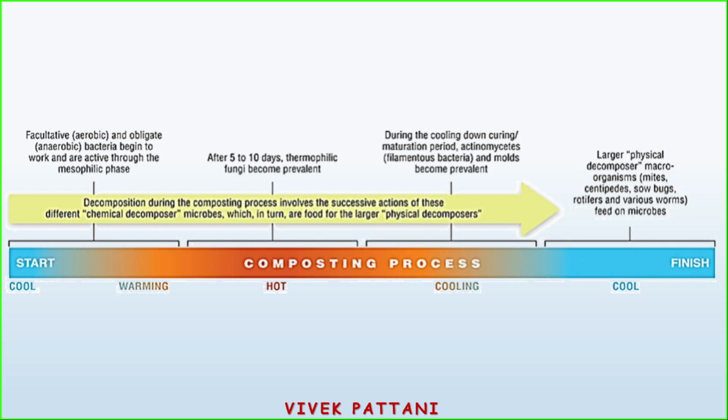But after a few days, this optimal temperature gradually declines unless the pile is turned to resupply oxygen, to ensure the thermophilic process occurs throughout the pile instead of only at the core.